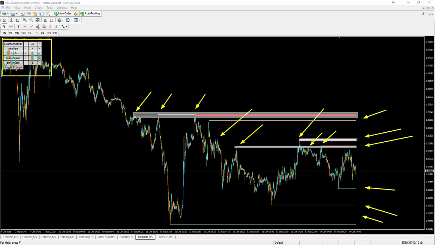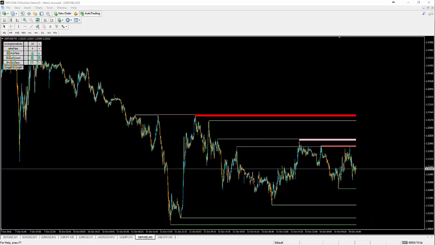You'll notice that in this yellow box here is a graphic user interface, a GUI, that allows you to tweak the settings of your indicator, and from there you can make your settings stricter, or you can make it more flexible to find areas of support and resistance. Now I will go into detail explaining what each of these settings mean.